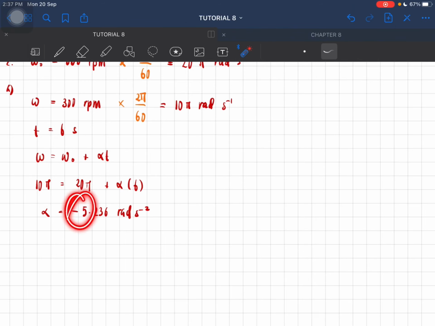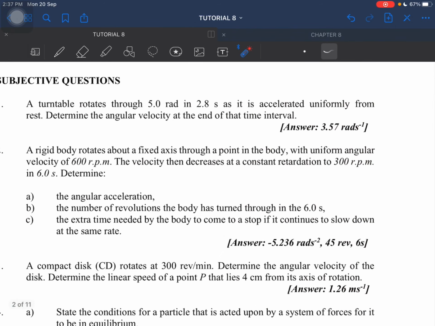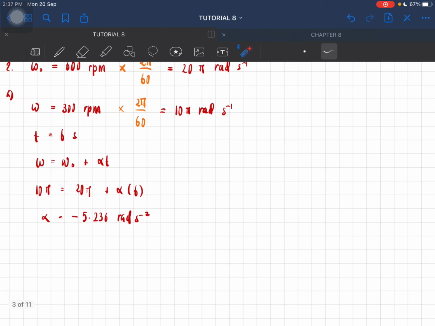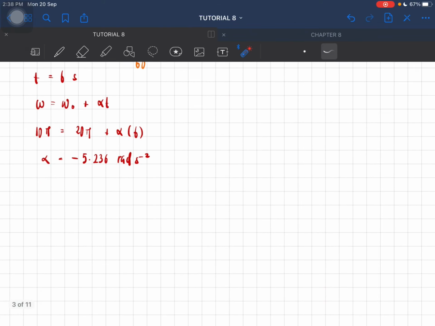So why is it negative? Because in the question it already mentions that it is decreasing at a constant retardation. So retardation means, in linear motion, it is basically known as deceleration.